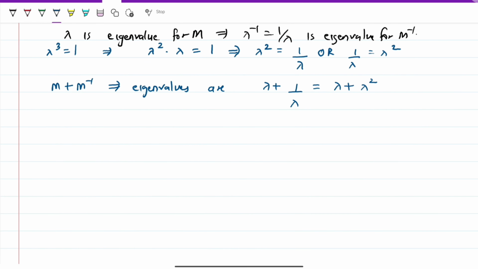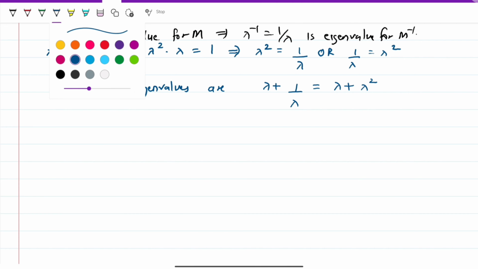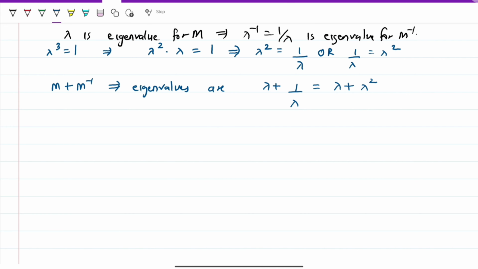In option B, we have to check that M plus M inverse has real eigenvalues. So we'll be talking about the eigenvalues for this matrix. Since we know that there are only two options, one is omega, which was -1 plus square root of 3i over 2, and the other one was -1 minus root 3i over 2.